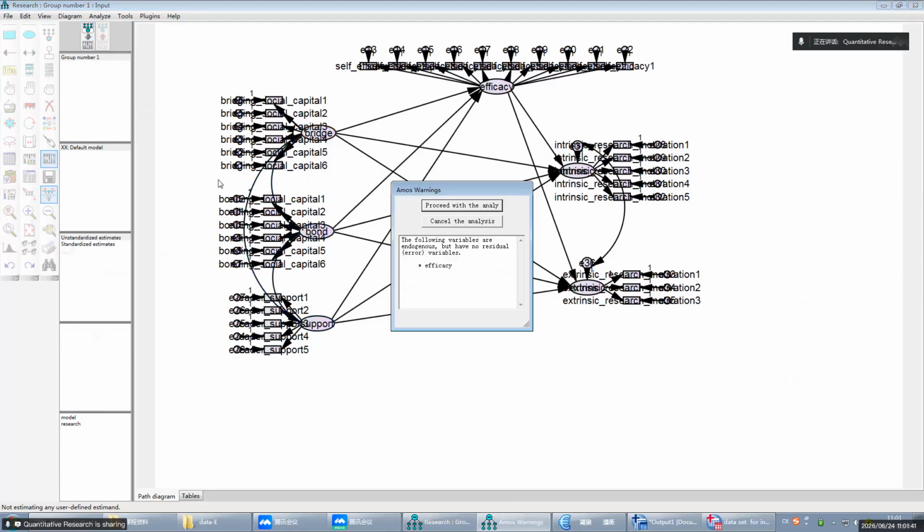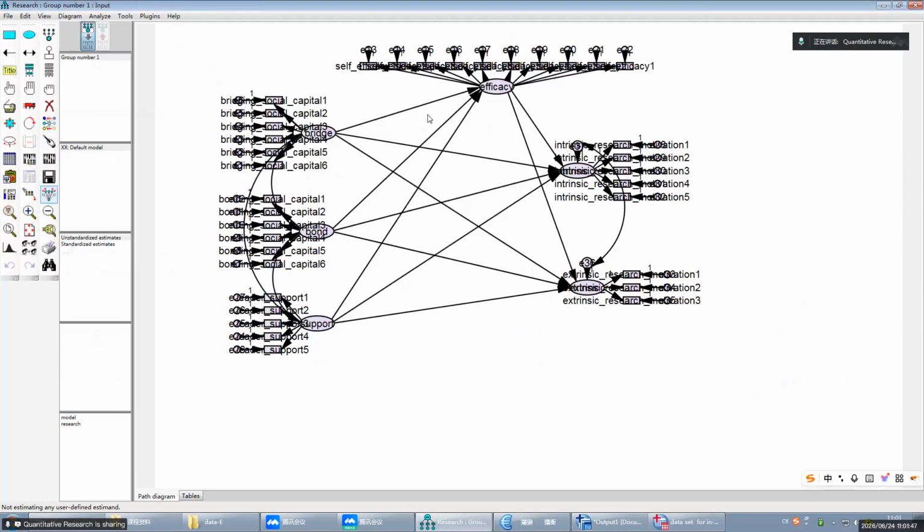Oh, what else is missed? Now, efficacy is the predicted variable. Previously, it was a predictor, right? Now it's the mediator. Since it's a mediator, it's being predicted. So you need to add a residual error for efficacy, and you have to name it. Okay, so now you can do it.